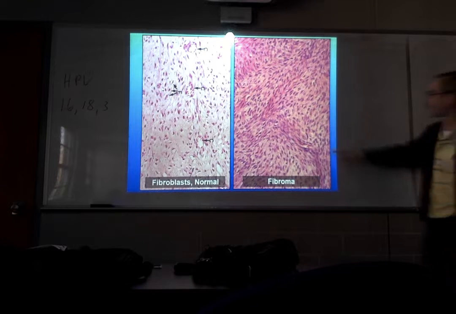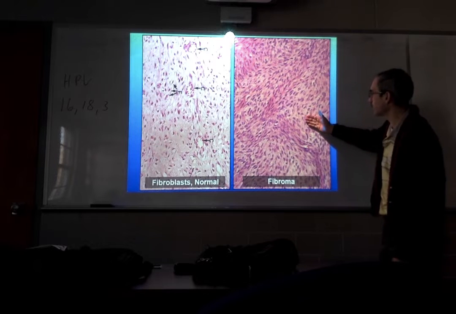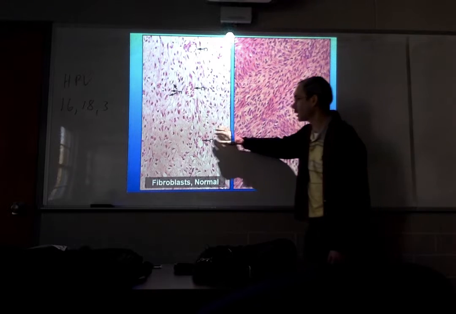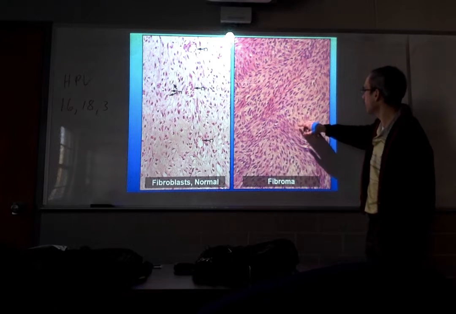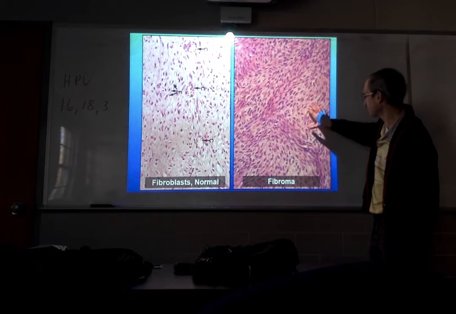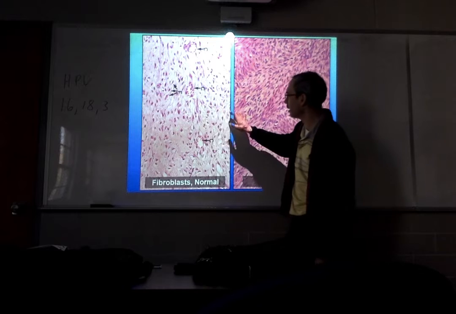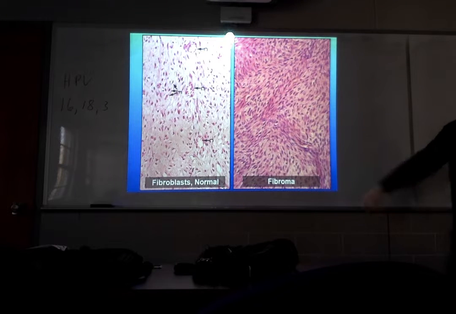Now, other than that, and maybe some different staining characteristics, there's really not much difference between the fibroma cells and the cells of the fibroblasts. You take a look and you compare the nuclei of some of these fibroma cells, for the most part, they resemble the nuclei of the normal fibroblasts, wouldn't you say? Take a look at them.